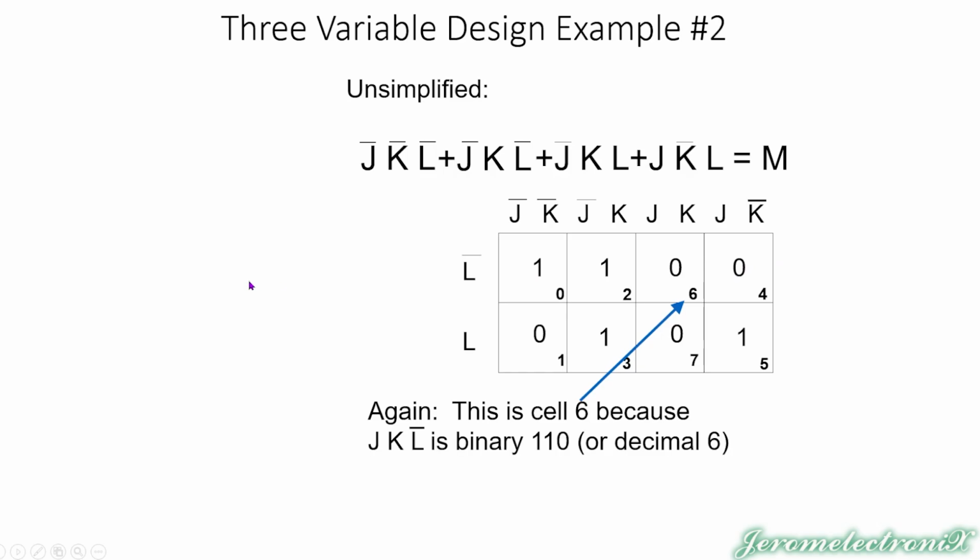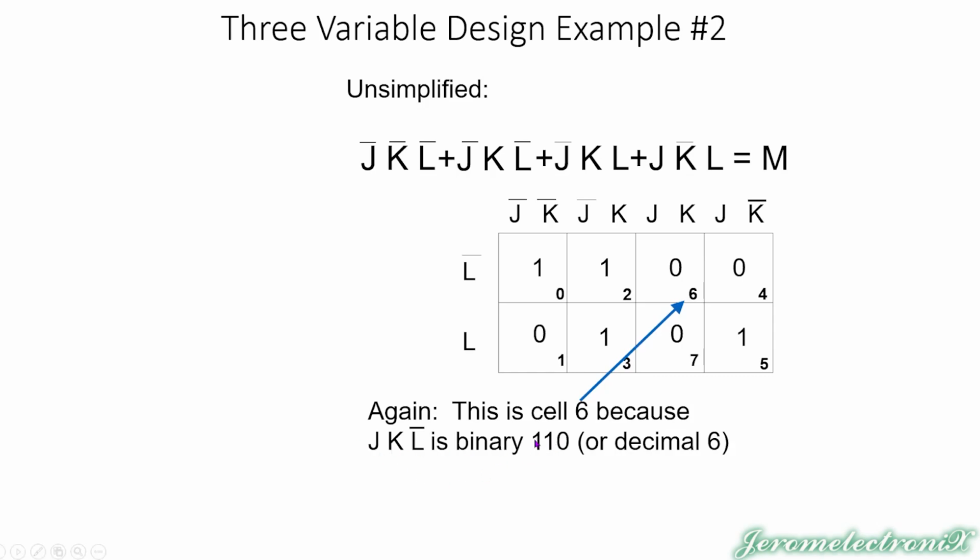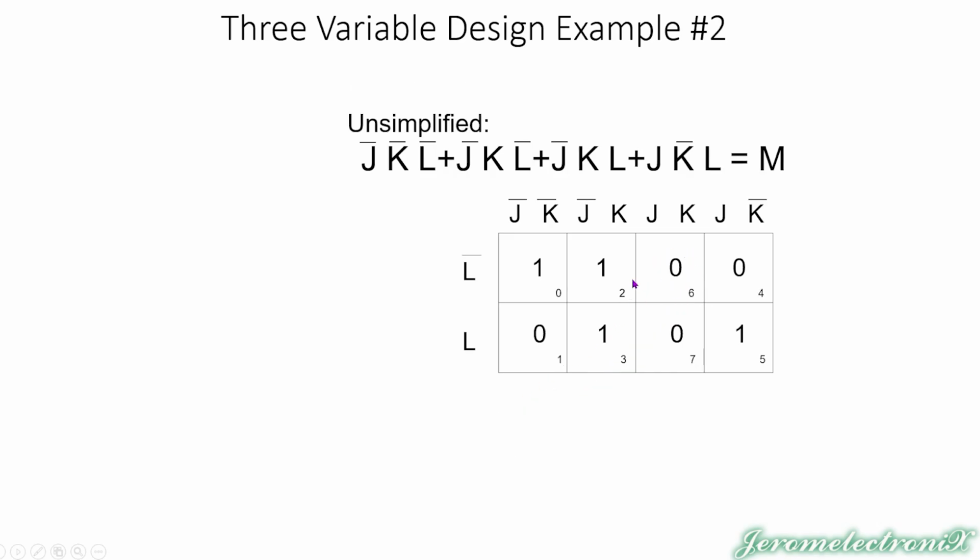Okay? So JK not L is row 6 because it's a binary 6. 0, 1, 1, 0 is a 4 plus 2 plus 0. 4 plus 2 is 6. That is a binary 6. JKL is a binary 6. It goes in cell 6.